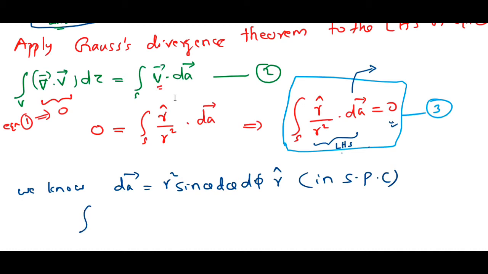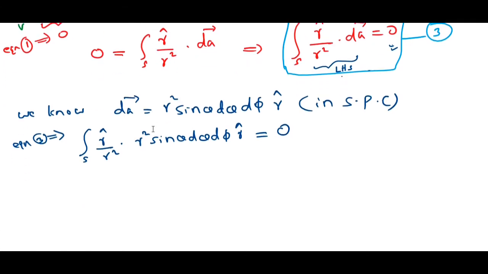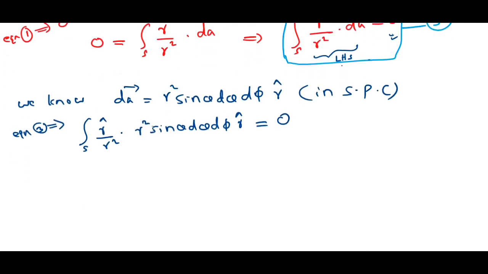So in the surface integral of r cap by r square dot dA, instead of dA I substitute r square sine theta d theta d phi r cap. Here r square will be cancelled, and r cap dot r cap is equal to 1. The main thing is the surface integral of sine theta d theta d phi, with the RHS being 0.